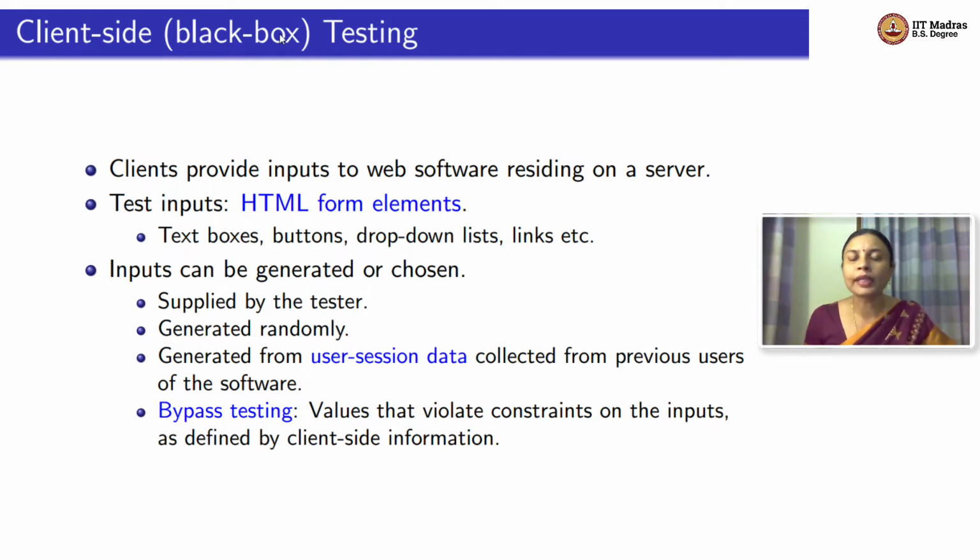That form usually has text boxes for me to enter text. It might also have buttons, radio buttons, for me to choose which option I want. It could have a drop-down list. For example, if I'm typing an address as part of a form, usually the name of a country or a state could be given as drop-down lists, because people tend to make spelling mistakes or type the name in slightly different ways.